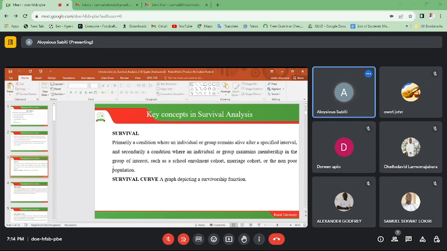Another term is the survival curve. We shall look at it later on, but in simple terms, the survival curve is a graph depicting a survivorship function, meaning the number of people who survive in a certain period of time. Most times you might start from 1 down to 0.